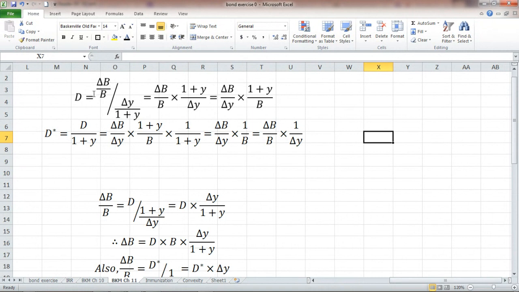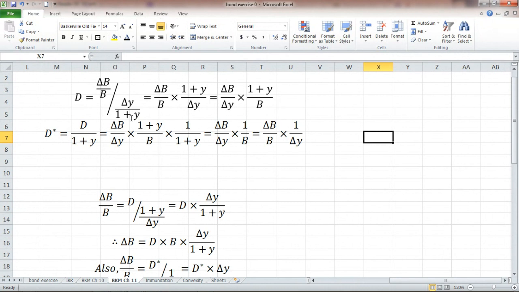Which can be calculated by change in bond price over bond price at time zero, and change in yield. It's actually change in 1 plus y. But think about it. When we find change in 1 plus y, 1 is a constant, so it doesn't change, right? 1 doesn't have any impact on change.